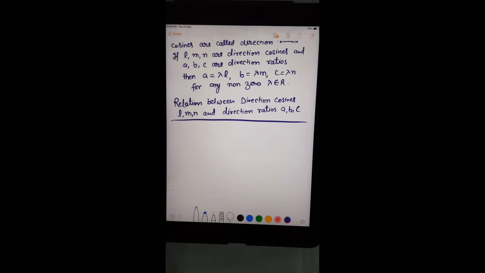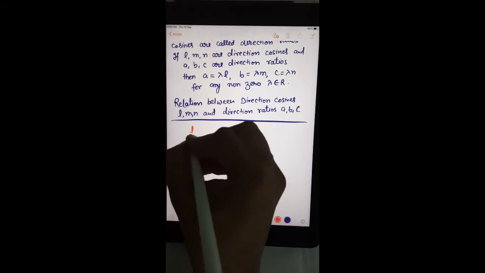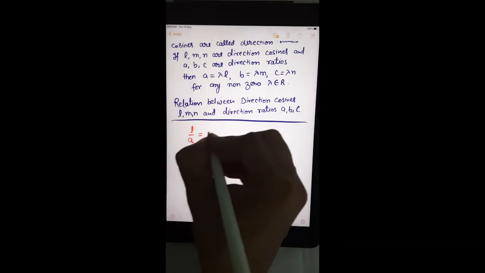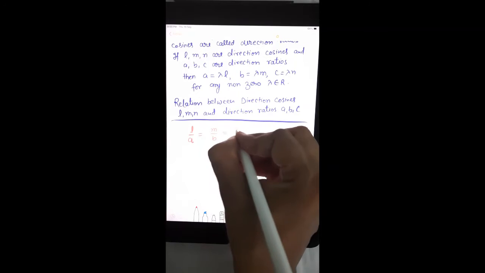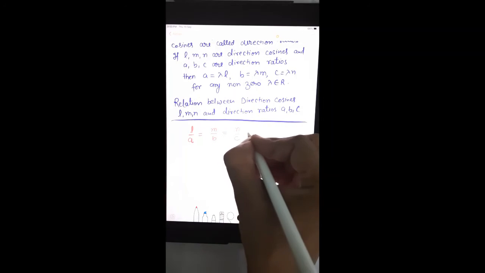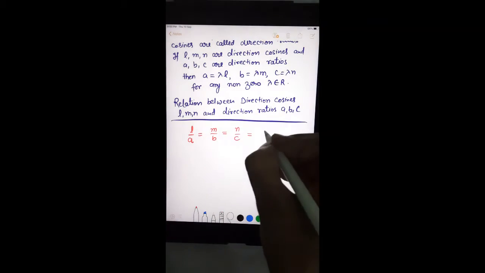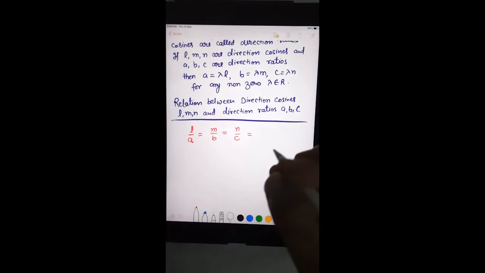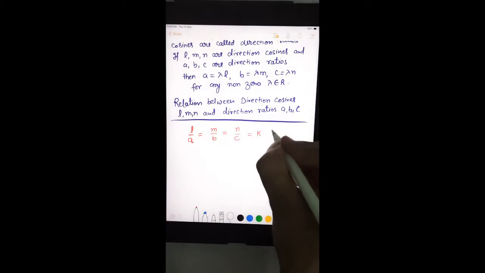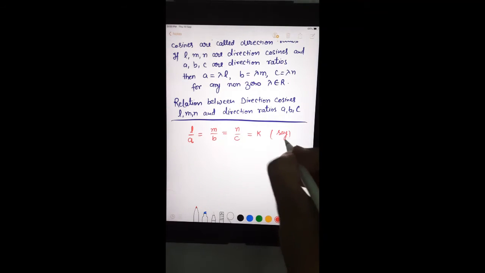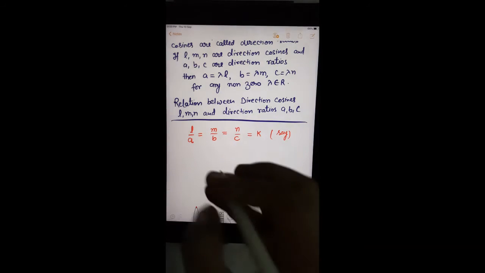Now let us see what is the relation between these. We know that direction ratios and direction cosines are proportional to each other. So L upon A is equal to M upon B, also equal to N upon C, which is equal to some new constant K, where K is a constant.